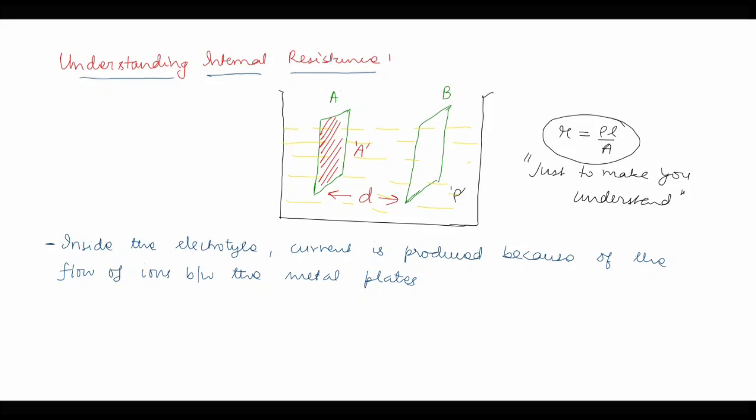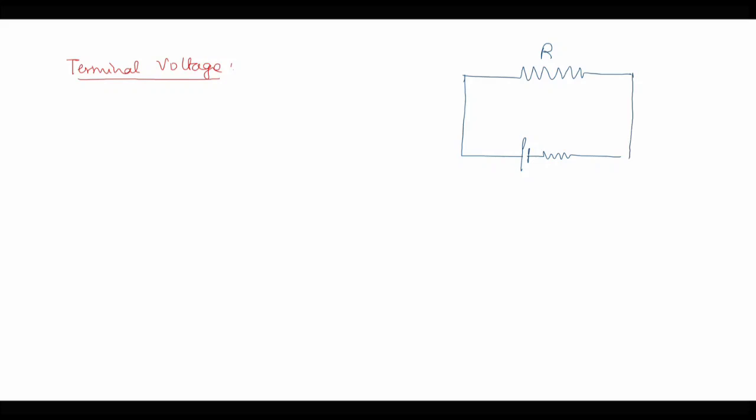Now, post understanding this, let us come to the concept of terminal voltage. So terminal voltage is basically the potential difference across the terminals of a cell. So when we are considering a circuit like this with an external resistance R, EMF E, and internal resistance small r, this is the interior of the battery.